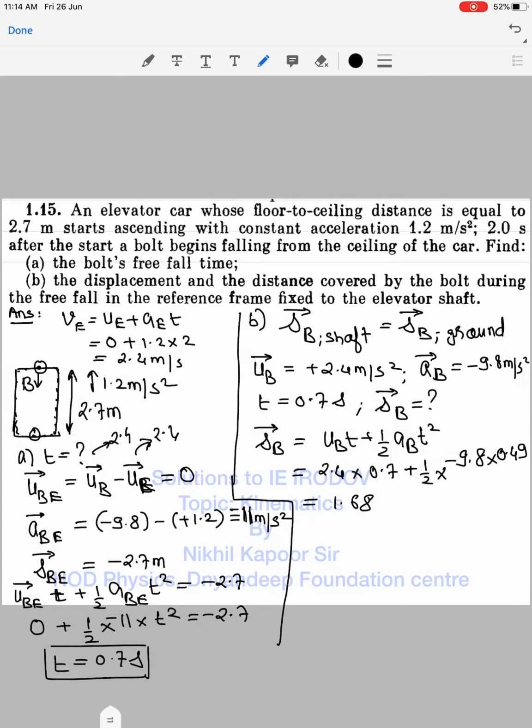So this comes out to be 1.68, 24 sevens are 168, plus minus minus, and this will be 4.9. So 4.9 into 0.49. So what is the value of 49 into 49?